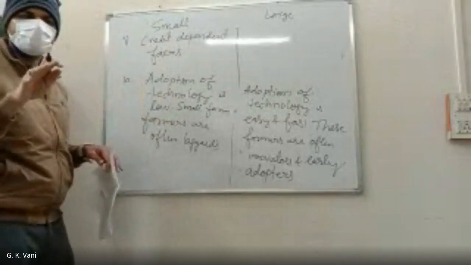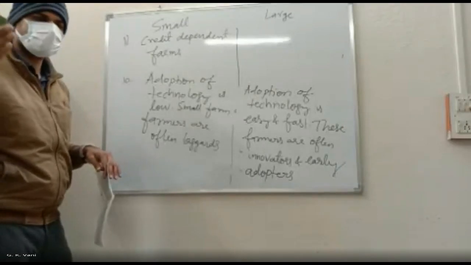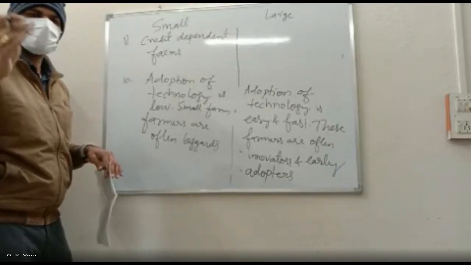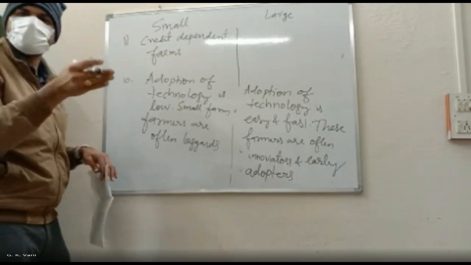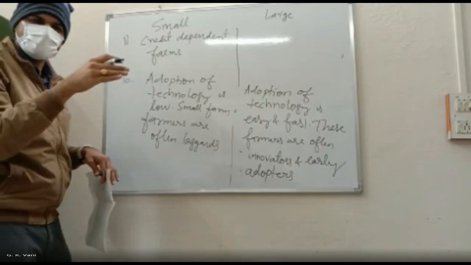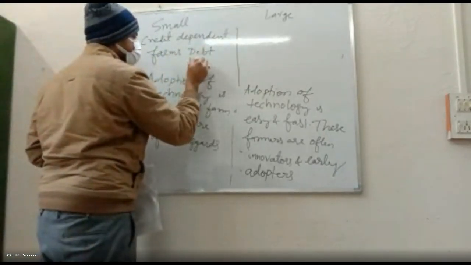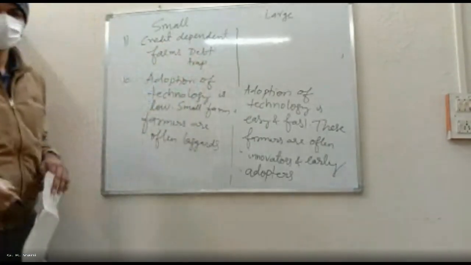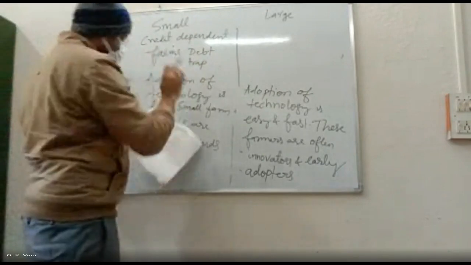Next year they can't repay 1 lakh rupees, so they ask the bank to give 2 lakh rupees as a loan. Out of that 2 lakh rupees, 1 lakh rupees goes for repayment of the previous year's 1 lakh rupees. So they are in a debt trap.